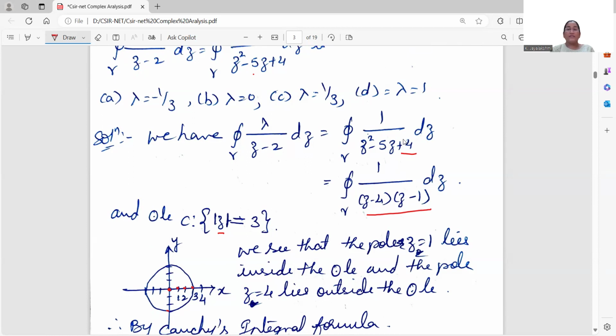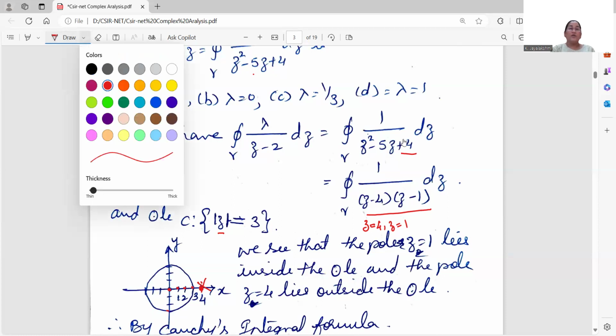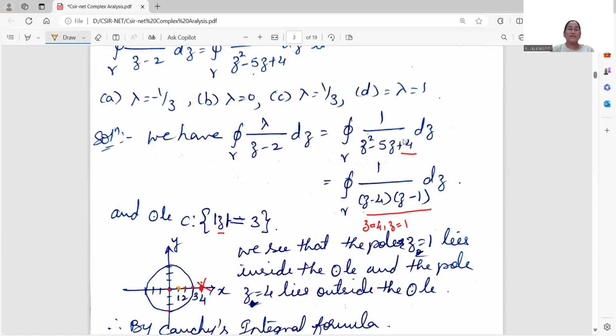We have two poles, both simple poles: z equals 4 and z equals 1. If we try to locate these poles relative to the circle, we see that z equals 4 is lying outside the circle, whereas z equals 1 is inside the circle.